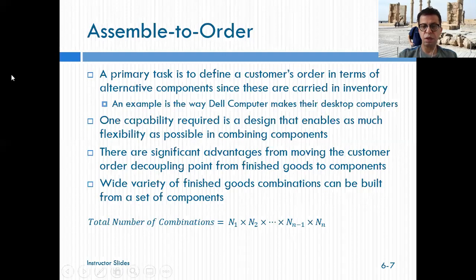Usually, like a Dell computer, you wait for the order because the customer looks for a certain specification, like the RAM or the size of the PC or the speed or the screen. These are all different components that you put together. So you assemble to order, and the more components, the higher the total number of combinations, the higher the number of different types of, for example, Dell PC you prepare.